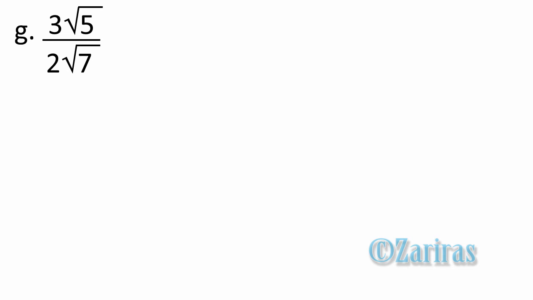And next we have G, 3 root 5 over 2 root 7. So we have to just rationalize only the denominator. We have to multiply by root 7, numerator also root 7.